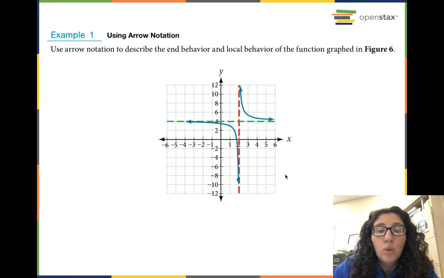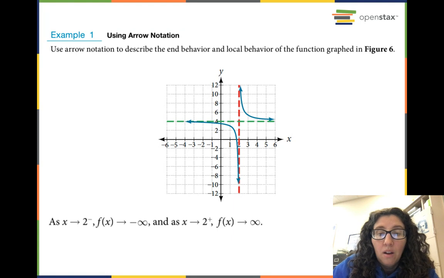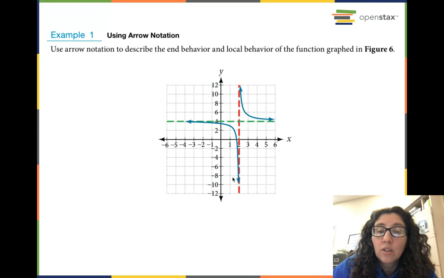All right, so let's practice this. Use arrow notation to describe the end behavior, meaning as x approaches positive or negative infinity, and the local behavior of this function. Before I show you that, let's just make some observations. We have a vertical asymptote in red at x equals 2, and a horizontal asymptote in green at y equals 4, right?